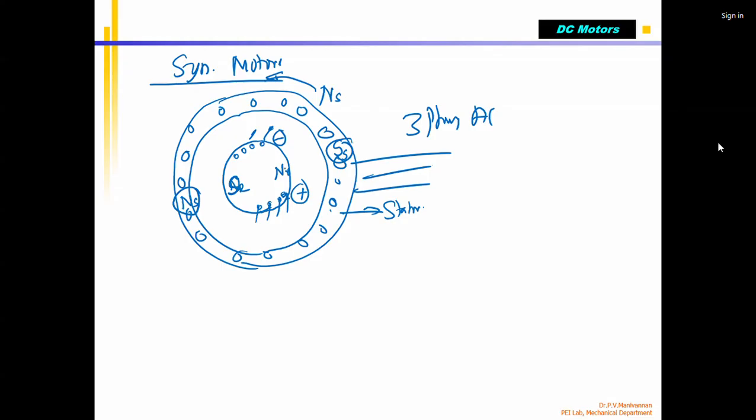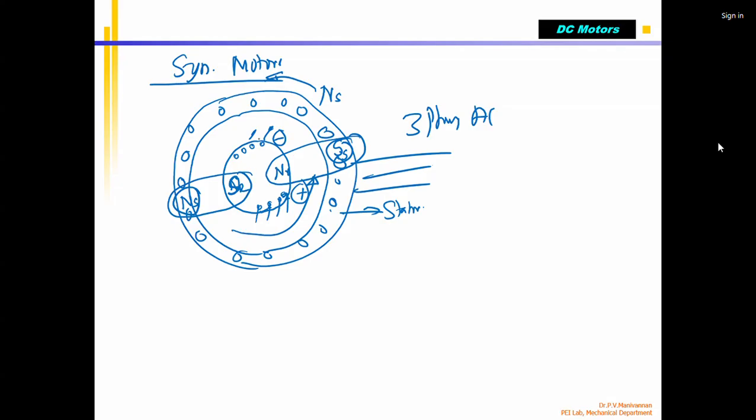So you can see that it already gets locked, correct? These two, south and north, are attracted, so the rotor rotates like this. Because the magnetic field is rotating, the rotor also rotates together with it.